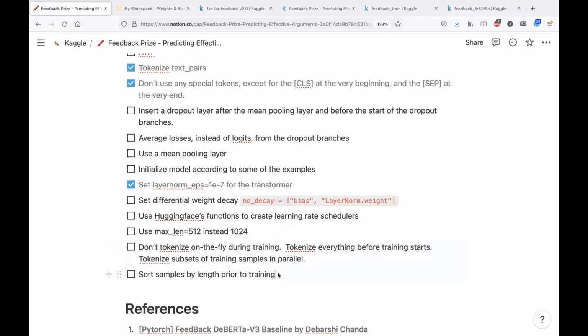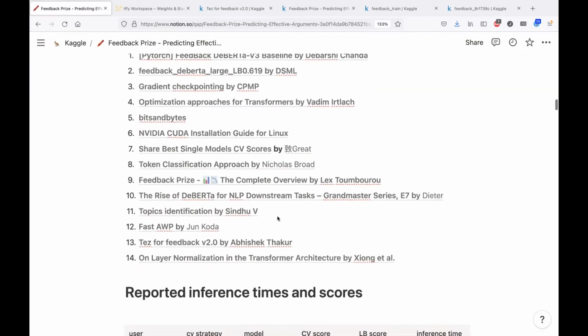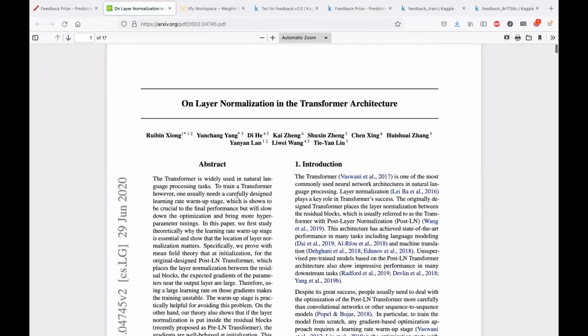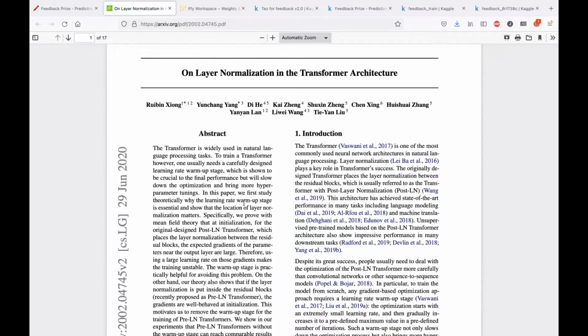One thing with the learning rate scheduling is I came across, just Googling, this paper, which I didn't read through, but just reading the abstract, it seems to suggest that when you're training transformers, it's quite important to have a warmup in your learning rate scheduling.